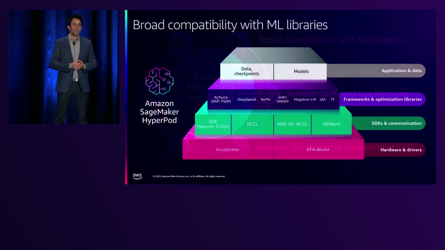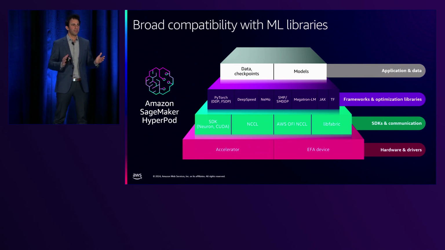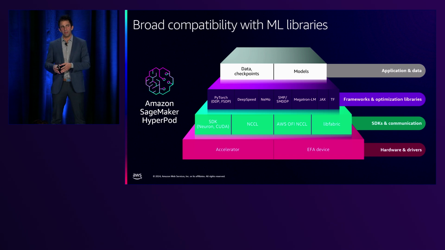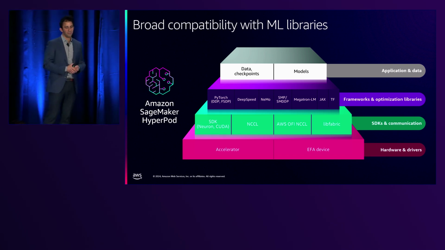Now, training a model from scratch is very different than working with an existing model. Oftentimes, when you're training a model from scratch, you need to access many different libraries that are specific to your domain or the approach that you're taking to train.